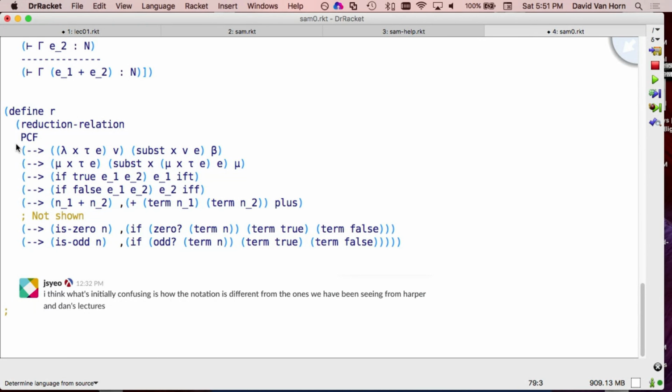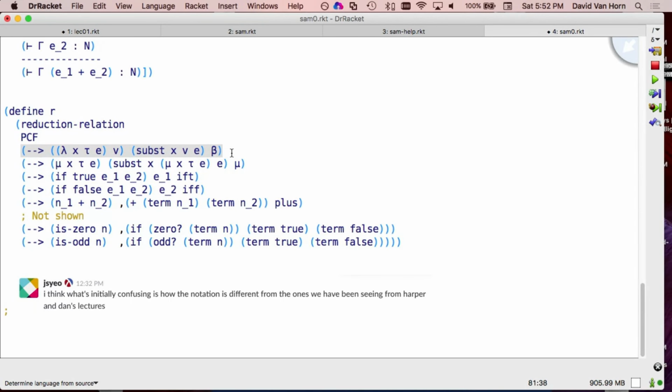And then the way that a reduction relation is defined is by a number of cases. The order here does not matter. Okay, I can reorder these in any way, and it doesn't change the meaning of this relation. But each case has a pattern and a constructed term on the right-hand side, and optionally, it has a name for the particular case in this reduction relation.